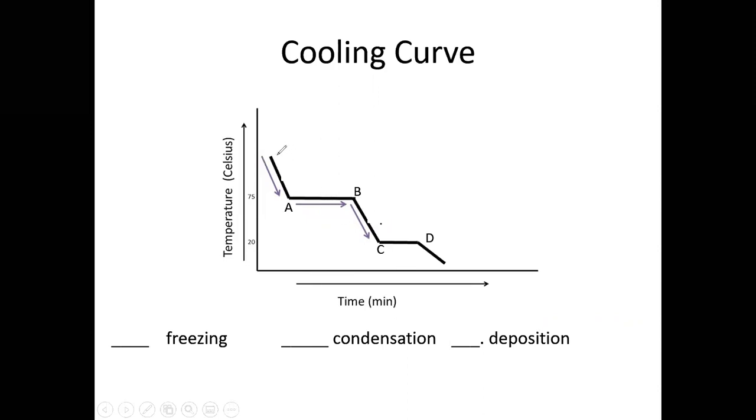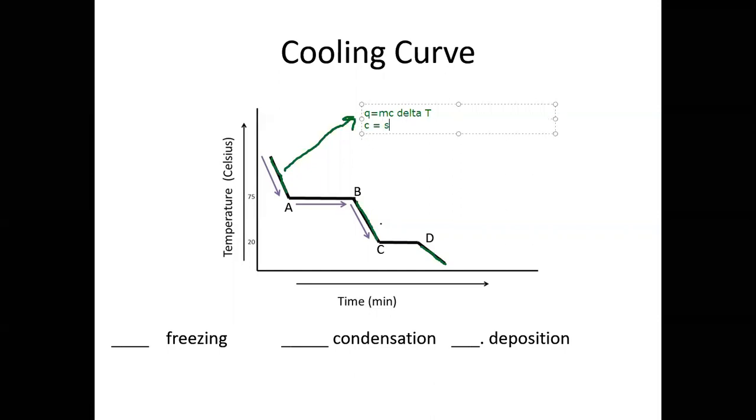And so on the slants, anytime you have a slant and you want to calculate the energy of that temperature change, you're going to use this equation here, which should be familiar, Q equals MC delta T. And if you remember from Gen Chem 1, of course, M is mass, delta T is temperature change, but C is the specific heat.